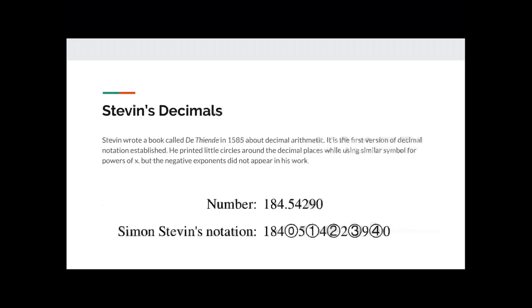But the negative exponents did not appear in his work, so he did not use negative numbers. In this example, he represents the decimals with a number with a circle around it. It's like 0, 5, 1, 4, 2, 2, 3, 9, and 4, 0. It's the placement of the decimals.